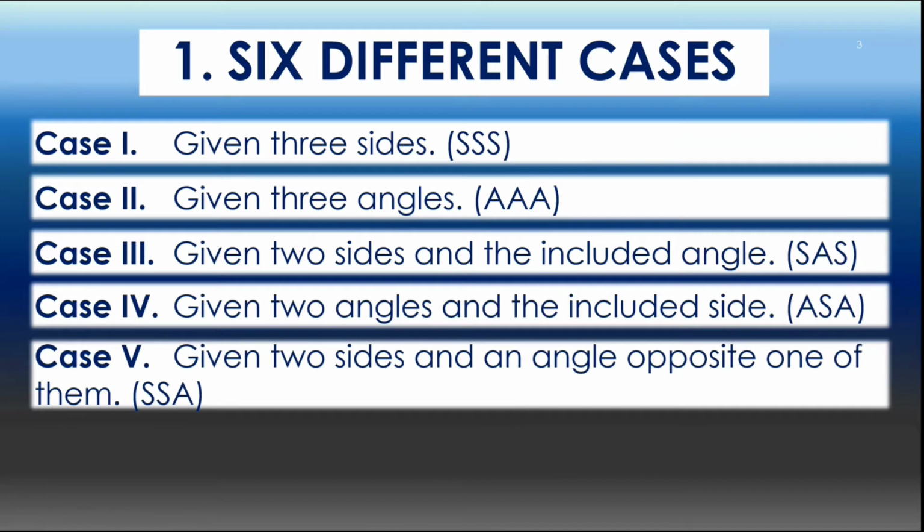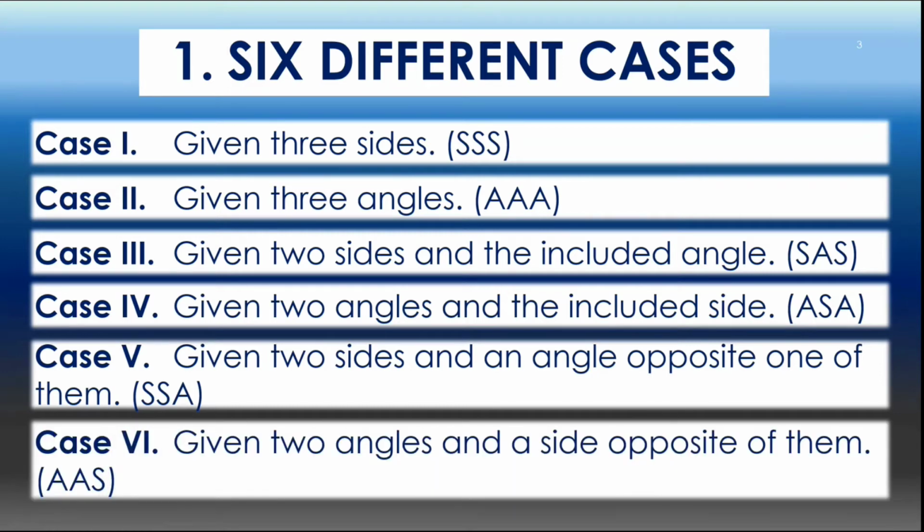The fifth case, given two sides and an angle that is opposite one of them. That is the SSA. And then case number six, we have two angles and a side that is opposite one of the said angles. So we have AAS. So these are the six different cases.